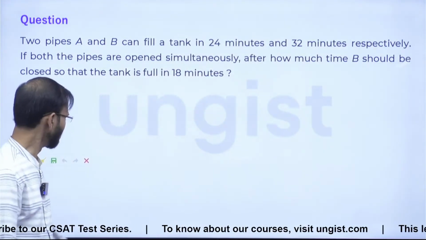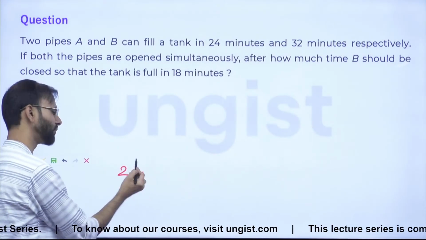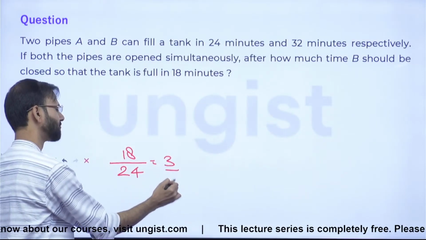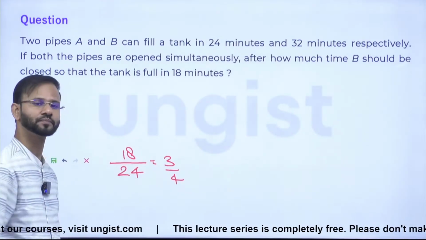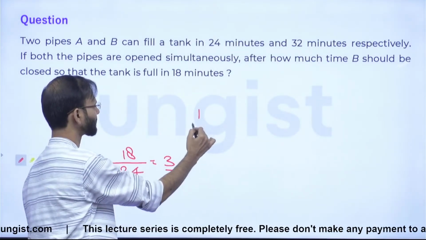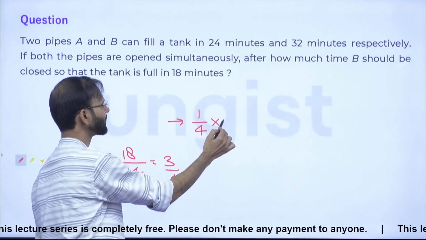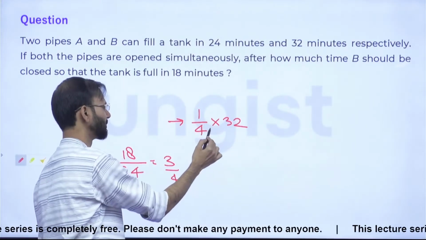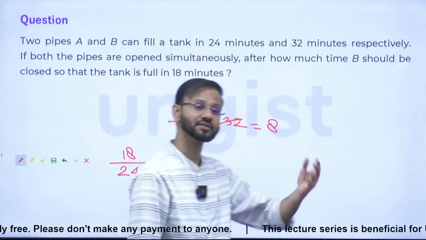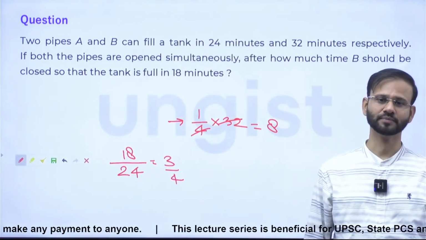So guys, A can fill the total tank in 24 minutes. So in 18 minutes, it will fill 3/4 of the tank. Yes or no? Now what is left? 1/4. 1/4 will be filled by B, and B's total time is 32 minutes. So for 1/4, it will take 8 minutes. So B was working for only 8 minutes.